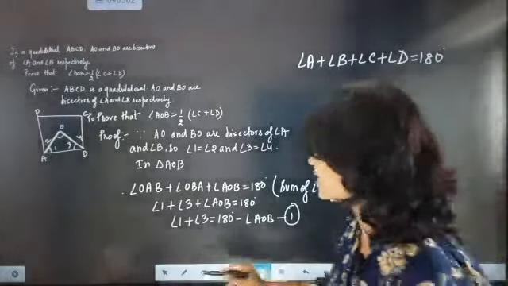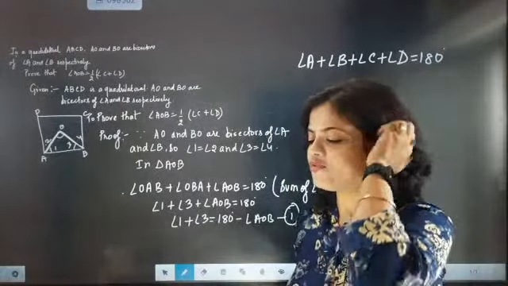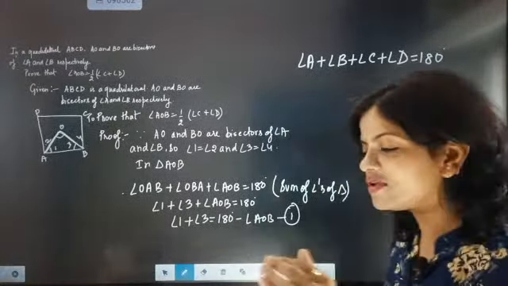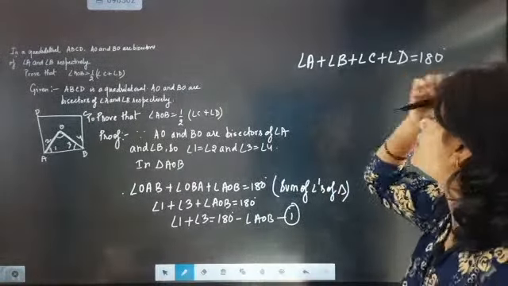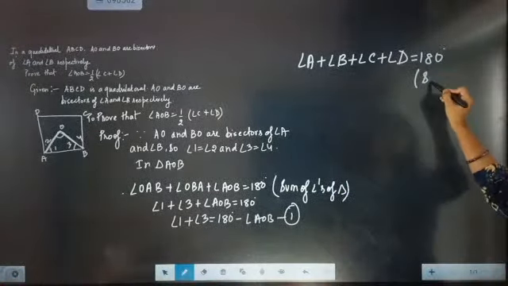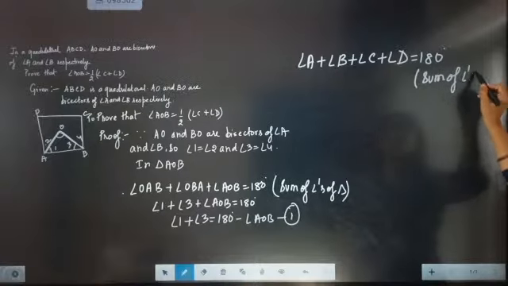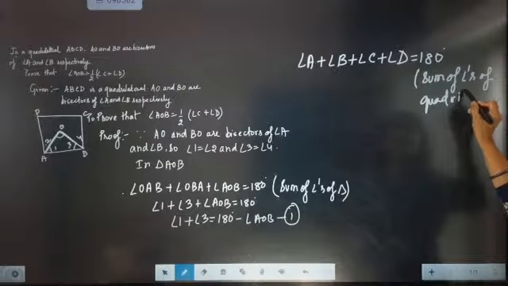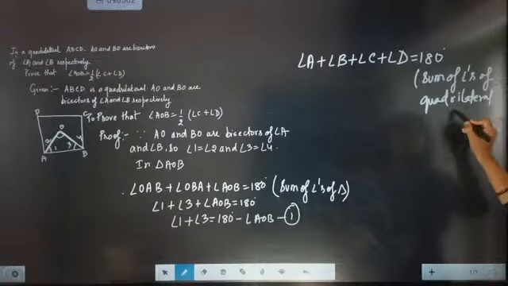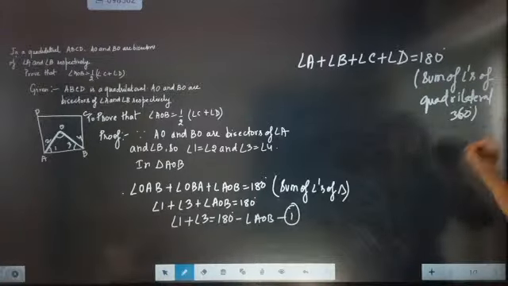Like if you play cricket, then you know that after this you don't have a problem, you are winning the match. The reason is, look here, you know that the sum of angles of a quadrilateral is 360 degrees. So now you are exactly going to win it.